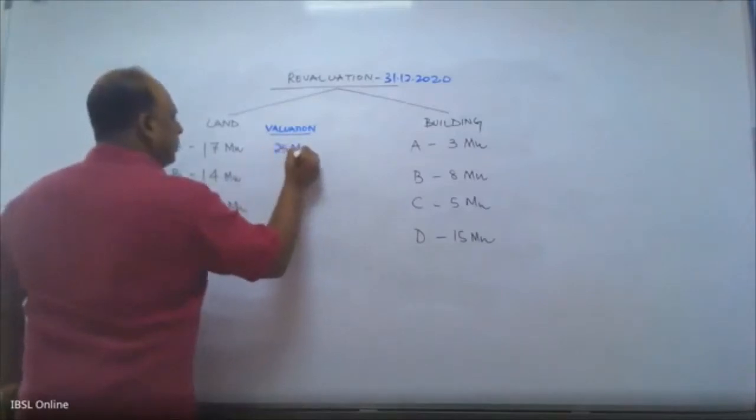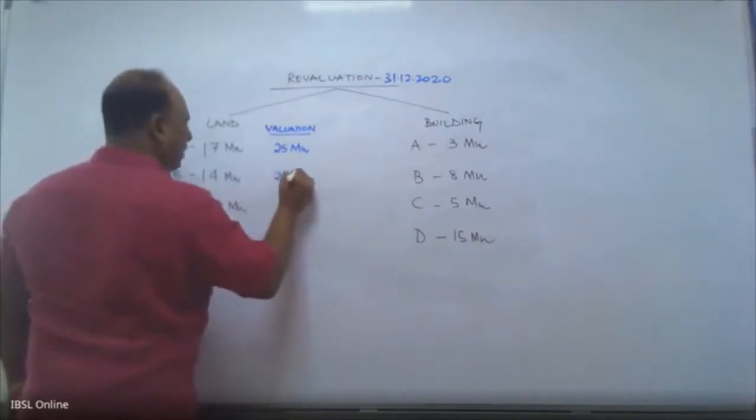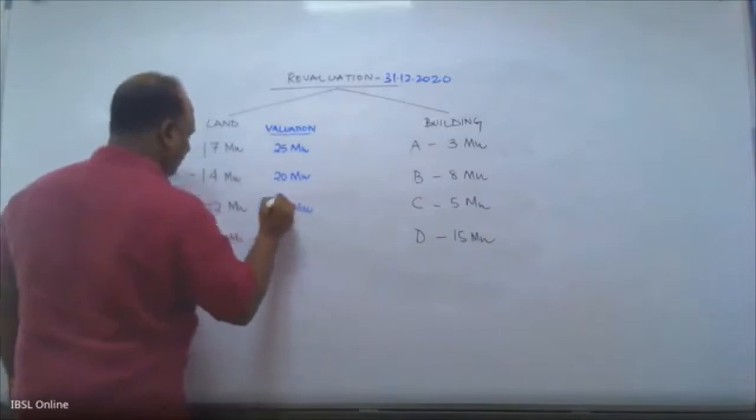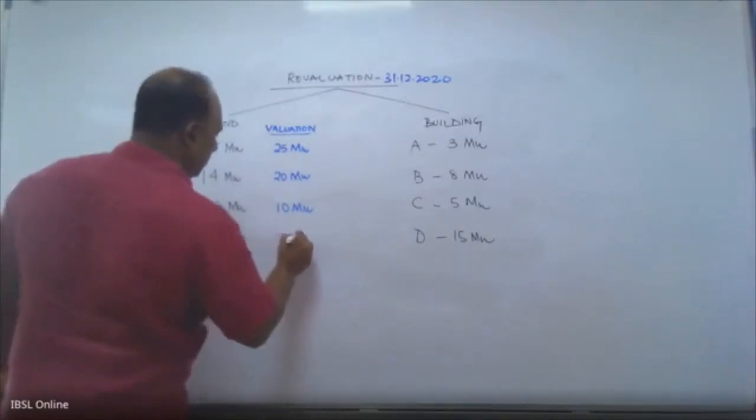25 million, 20 million, 10 million, 30 million.